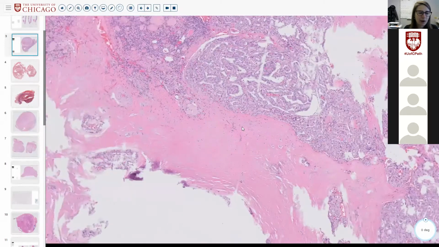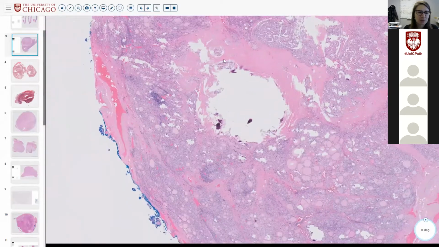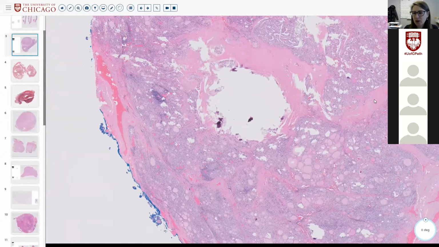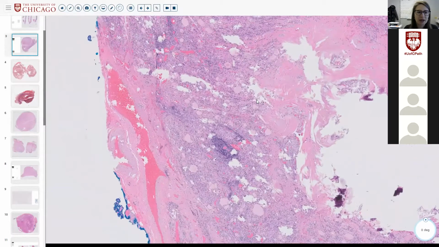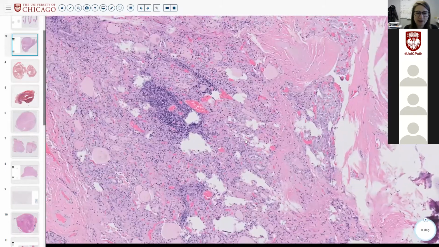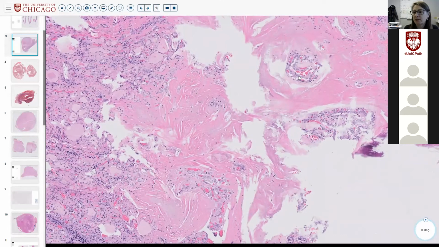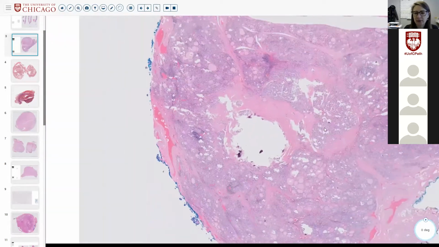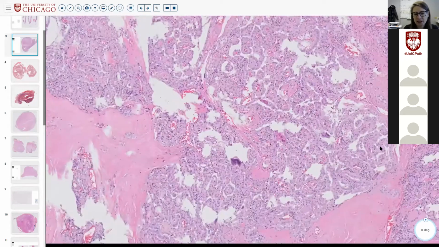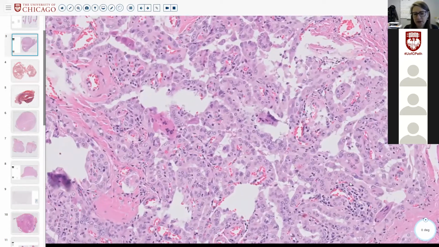I think when she says invasion, she means that this focus is not well circumscribed. It is showing invasion into the adjacent thyroid parenchyma, as defined by stromal fibrosis. And therefore it is malignant, right? Not only is it malignant based on its pattern of invasion into the thyroid, but based on it having papillae and these nuclei.